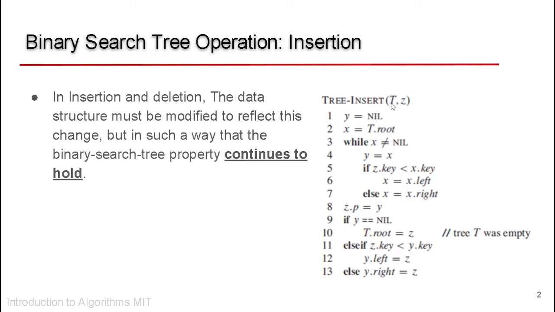It takes the tree, or the root of the tree, as a pointer, and z as the pointer you want to add to the tree. Inside this function, we have two variables.